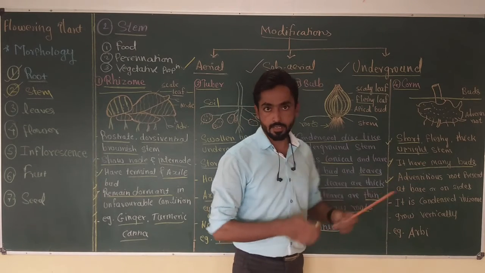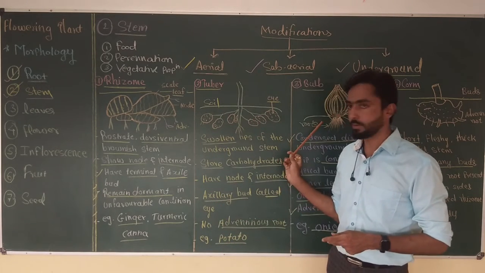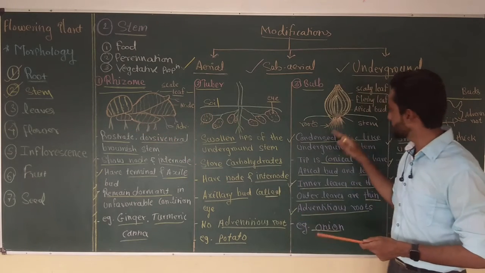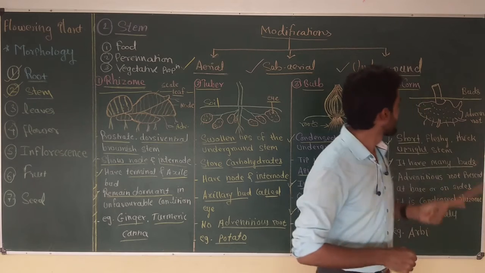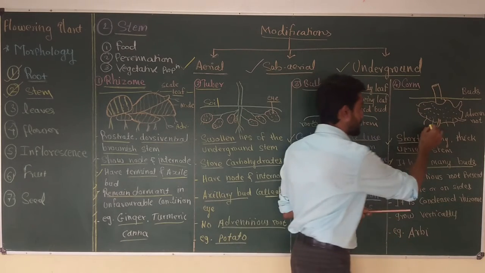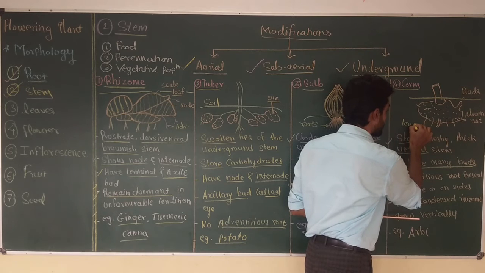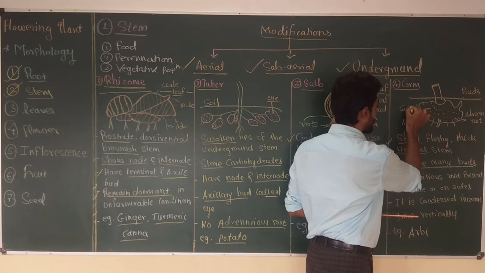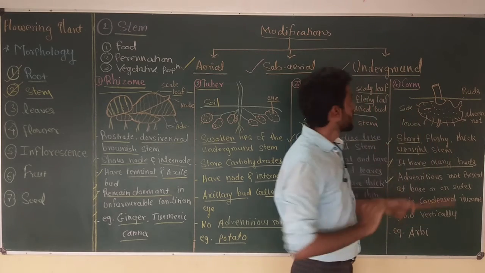That means in the case of bulb and rhizome, adventitious roots are present on the lower side only, but in the case of corm, adventitious roots are present on both sides. That means they are present on the lower side as well as on the sides of the corm.